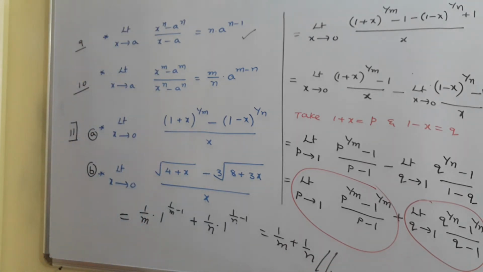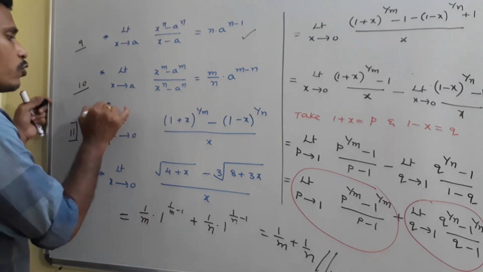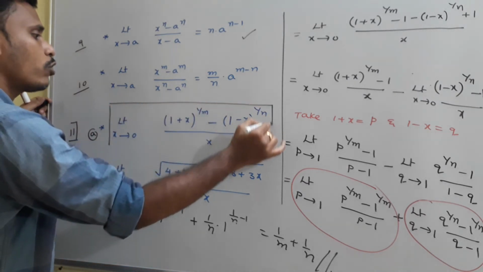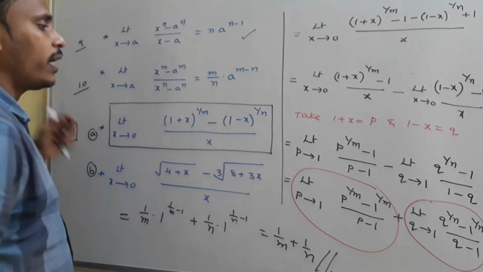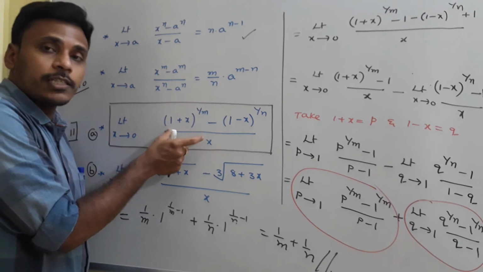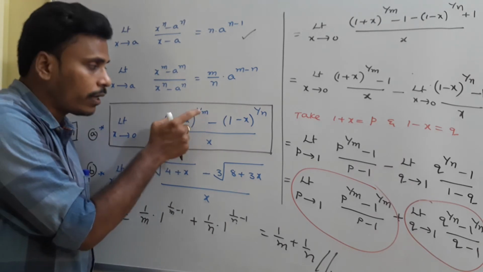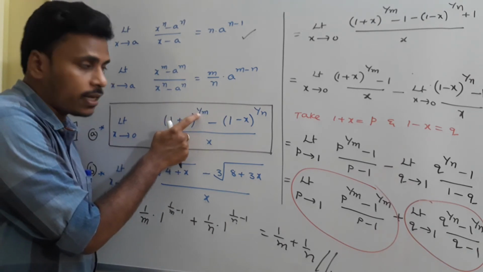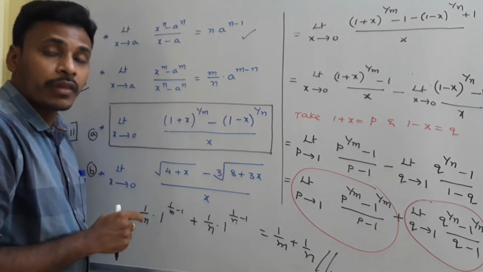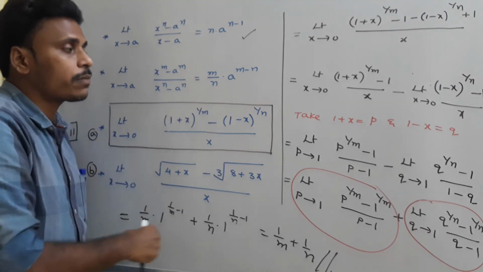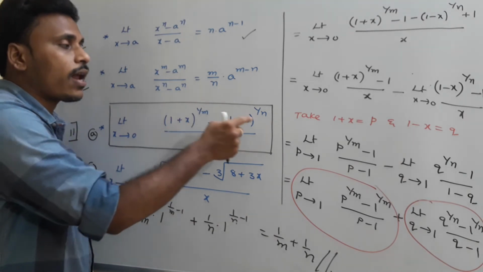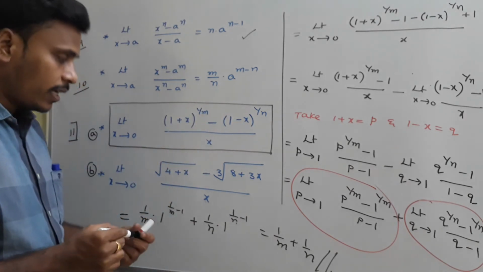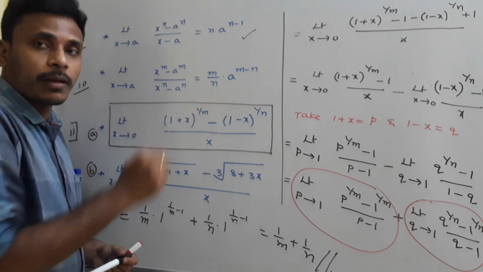So at the end what I conclude is, for this problem, limit x tends to 0, 1 plus x to the power 1 by m minus 1 minus x to the power 1 by n divided by x, our answer is simply 1 by m plus 1 by n. How? The simplification part is like this. First of all, you just subtract 1 and add 1, and then separate it as two separate limits.